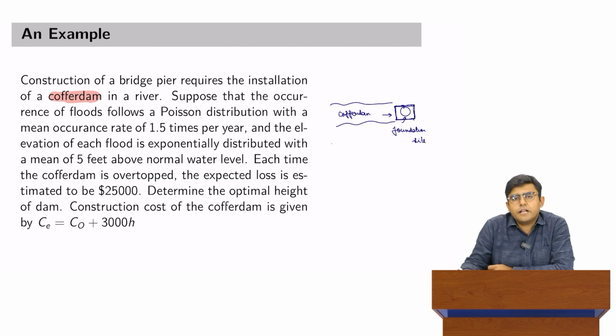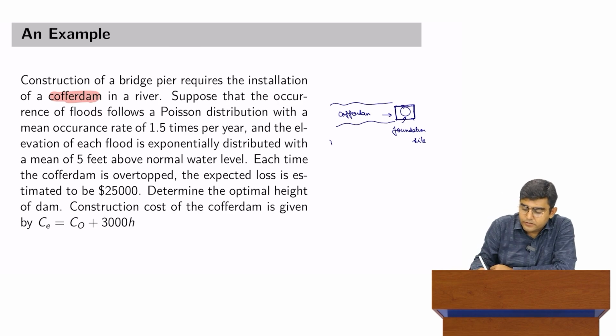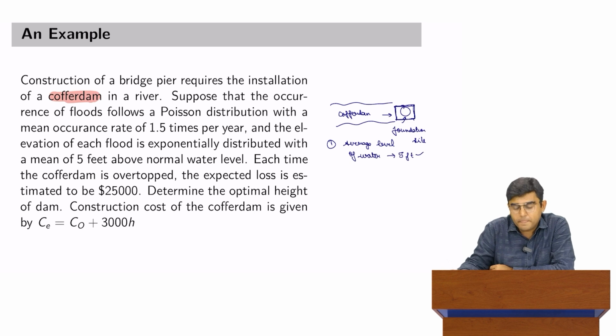Now, one question that we face here is that what should be height of this particular coffer dam? We can measure average level of water in river. Let us say it is 5 feet, and we design for that.